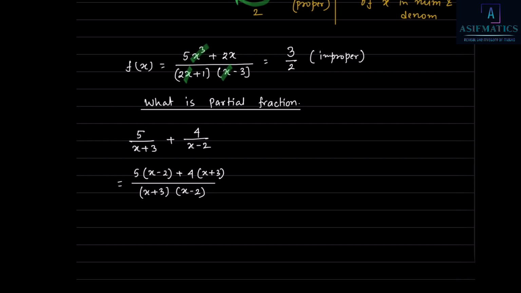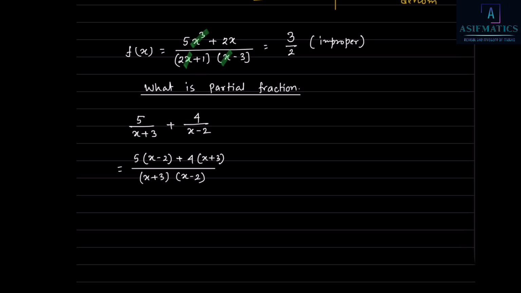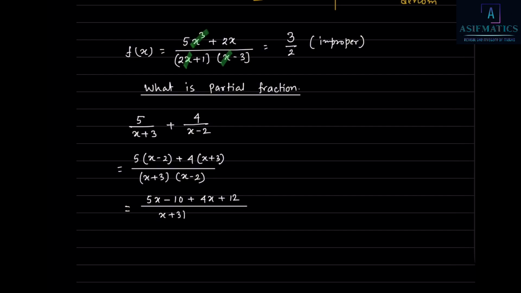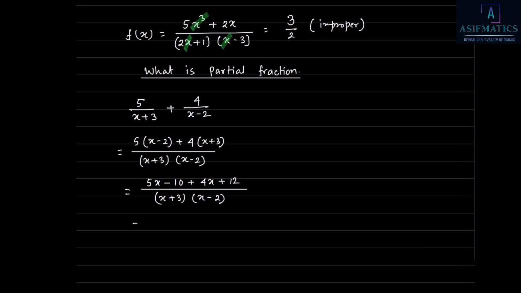You already know how to add two fractions. So we get 5x minus 10 plus 4x plus 12 divided by x plus 3 into x minus 2, and then the result is 9x plus 2 divided by x plus 3 into x minus 2.